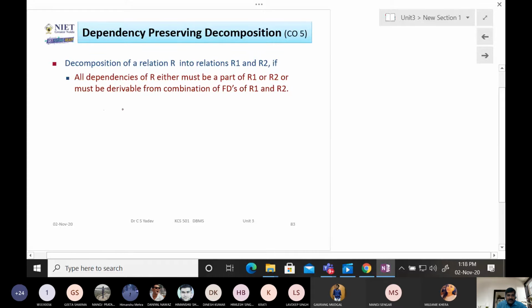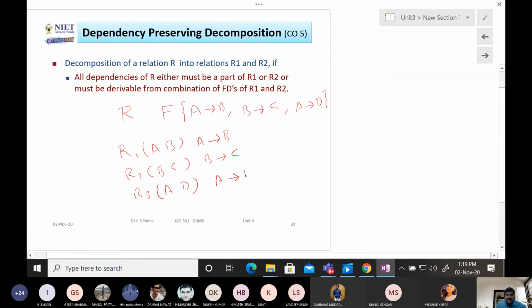Suppose in R there is a set of dependencies: A determines B, B determines C, and A determines D. And we decompose R into R1, R2, and R3.